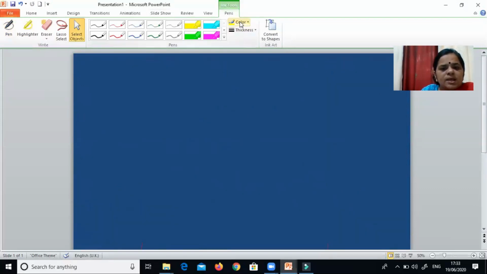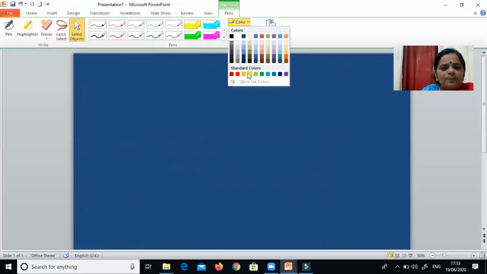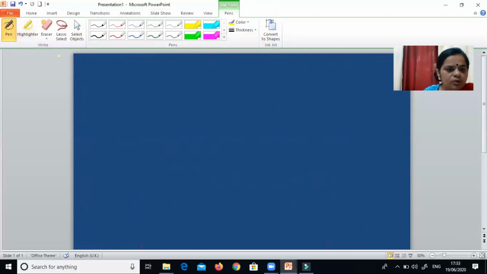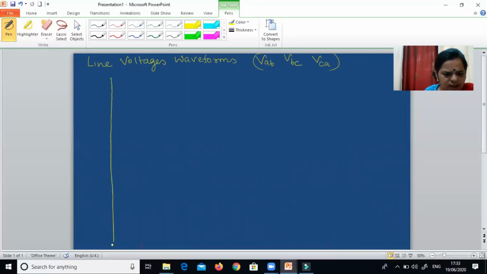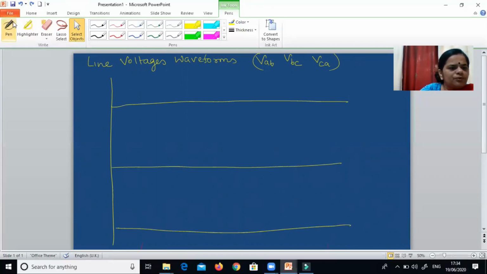Now the next thing is we are going to draw the line voltages waveforms, and they are nothing but VAB, VBC and VCA. Let us extend the y-axis here. First is VAB, second one is VBC and third one is VCA.